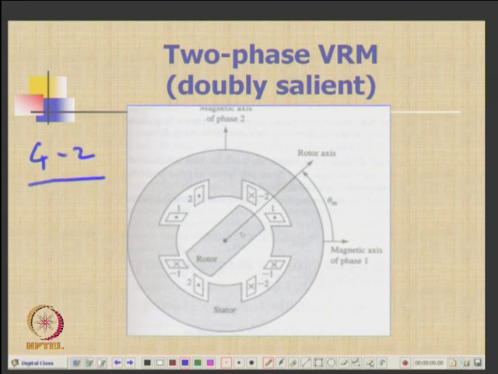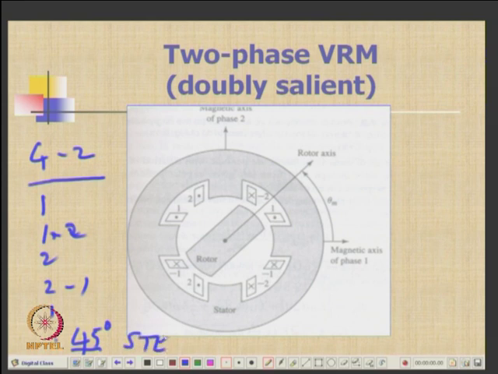Here also there is the same problem, so 1 or 2 has to be excited, right. So, it is again 1, 1 2, 2, then 2 1, 1 etcetera. Here also the angle is 45 degrees, right. I hope it is clear.